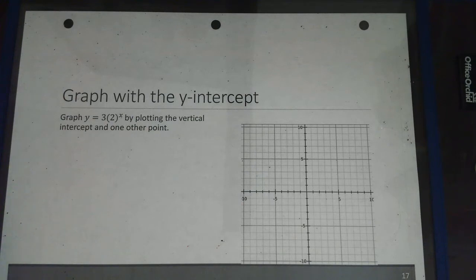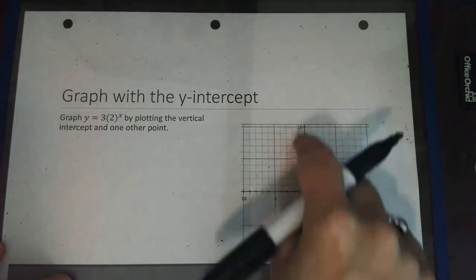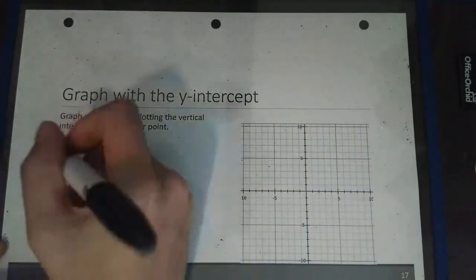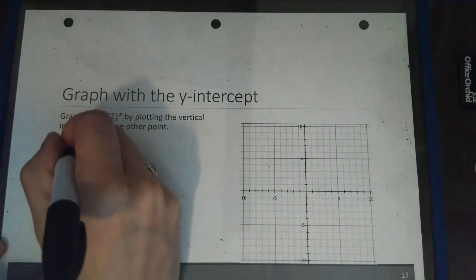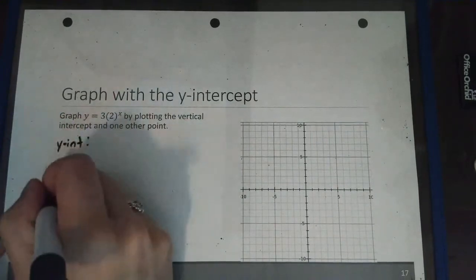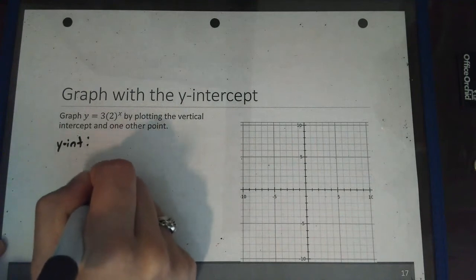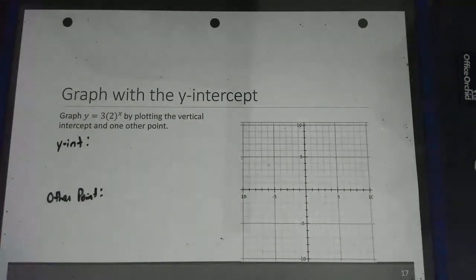We have to know what a vertical intercept is first. Vertical intercept, that'll be the intercept on your vertical axis. That's our y-axis. So what we need is the y-intercept and one other point. If we click those 2 points in order, then it will fill in the graph for us.